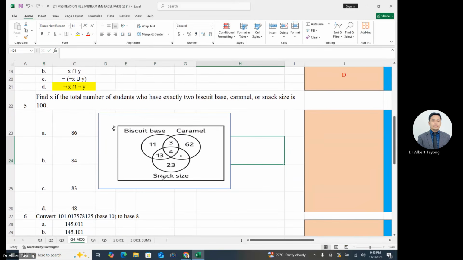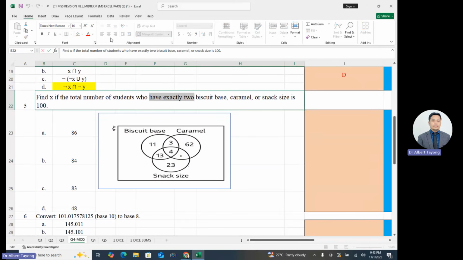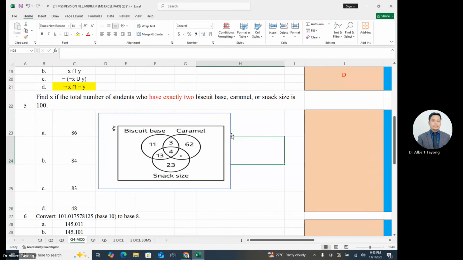Here, we're going to find the x if the total number of students who have exactly 2, biscuit base, caramel, or snack size is 100. So exactly 2, these are the sections 3, 13, and x.